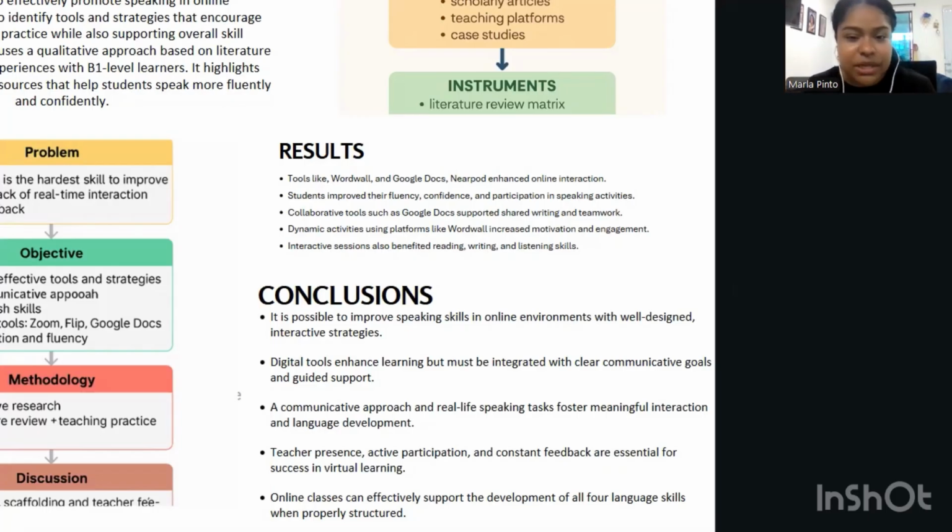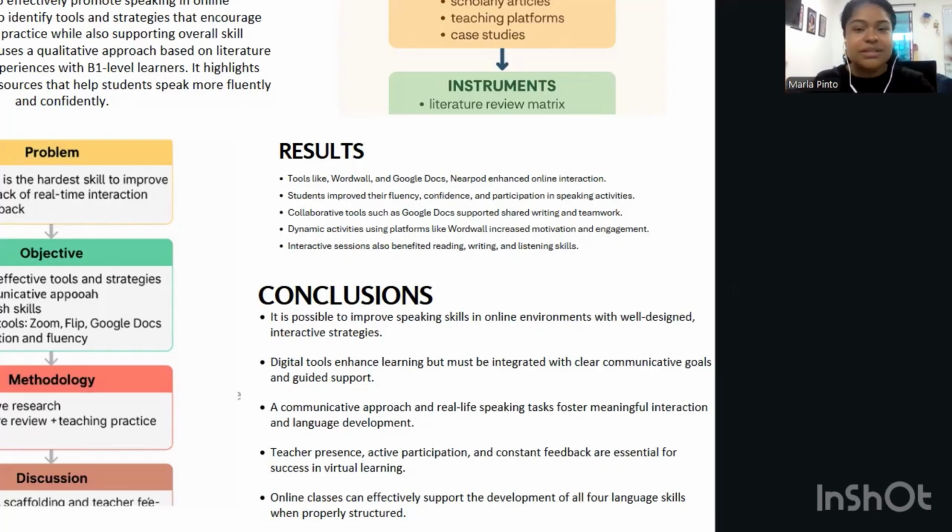in some of the speaking sessions, one topic was about the happiest day in your life. One activity that was very successful was, okay, do a brainstorm. Think about the most important things that have happened in your life, for example.